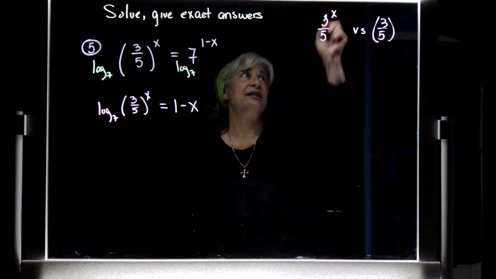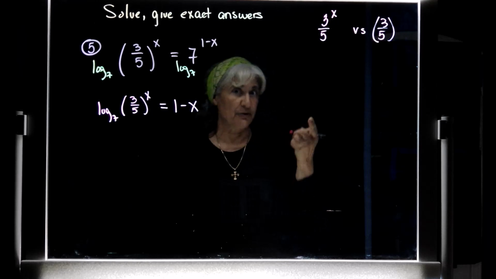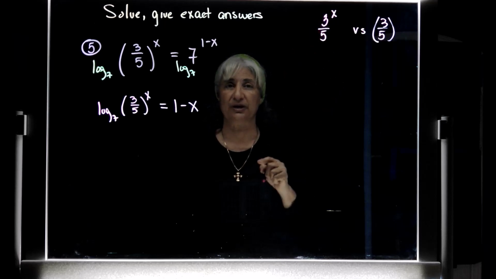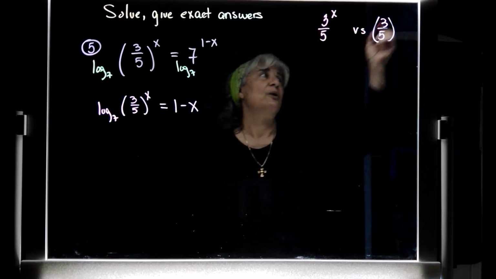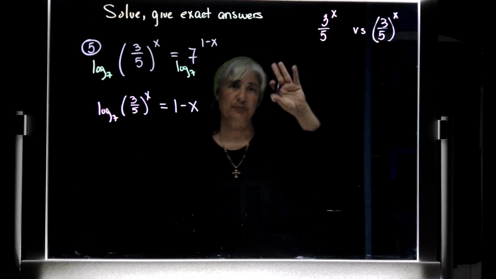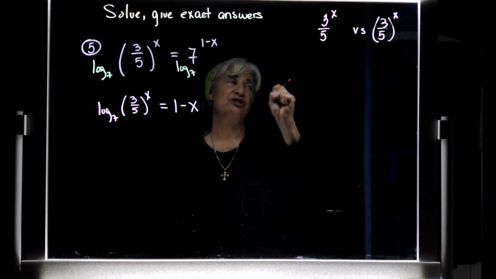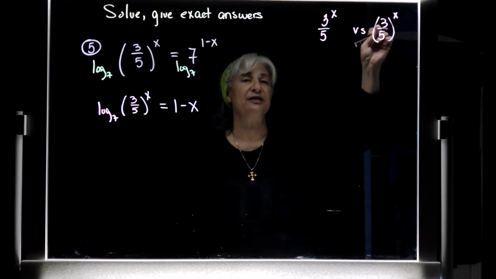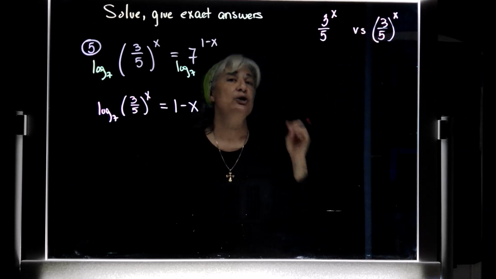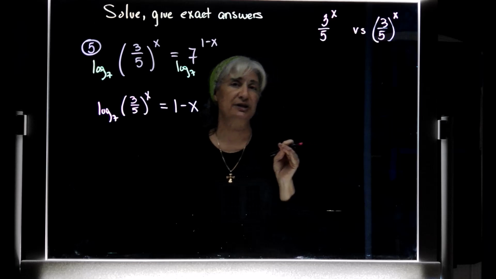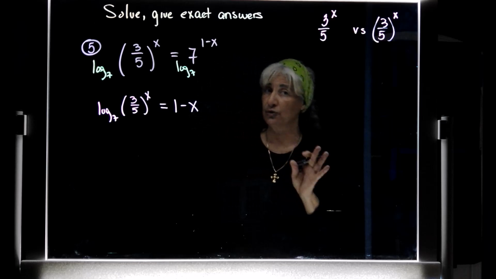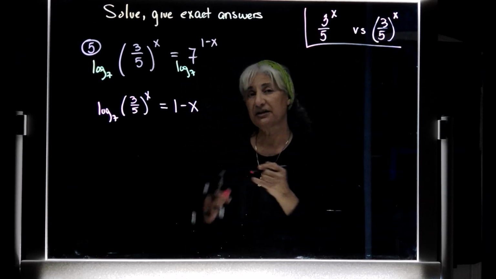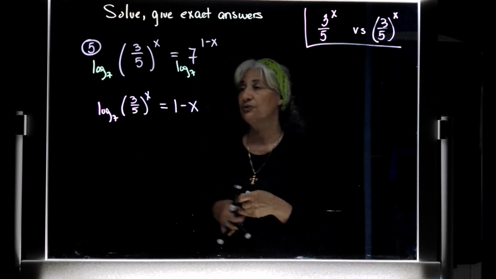If you write it like this, without the parentheses, then it's automatically assumed that the x sits on the 3. So it's the power of just the 3. Whereas here, since there's parentheses around the entire fraction, that x sits on the parentheses, which means it sits on the entire fraction of 3/5. So the parentheses are extremely important to have, so don't ignore them, okay? Okay, that was a little side note, just making sure everybody's good with that.